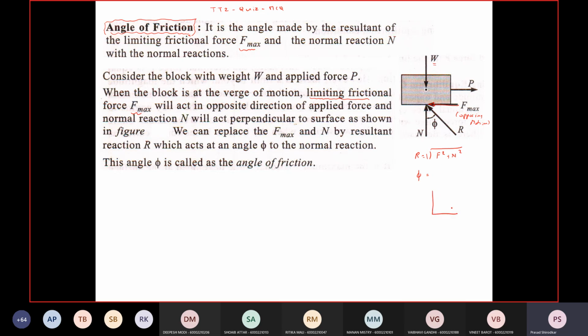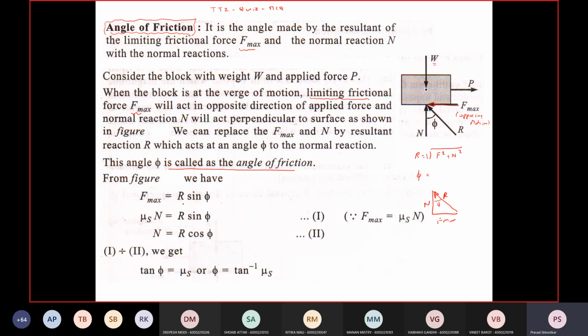So if I construct a triangle, this is R, this is F max, and this is N. Phi is called the angle of friction. Right?